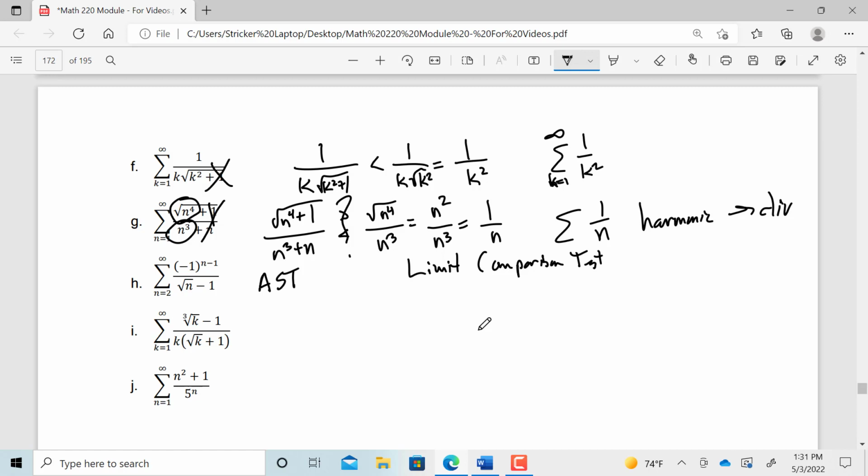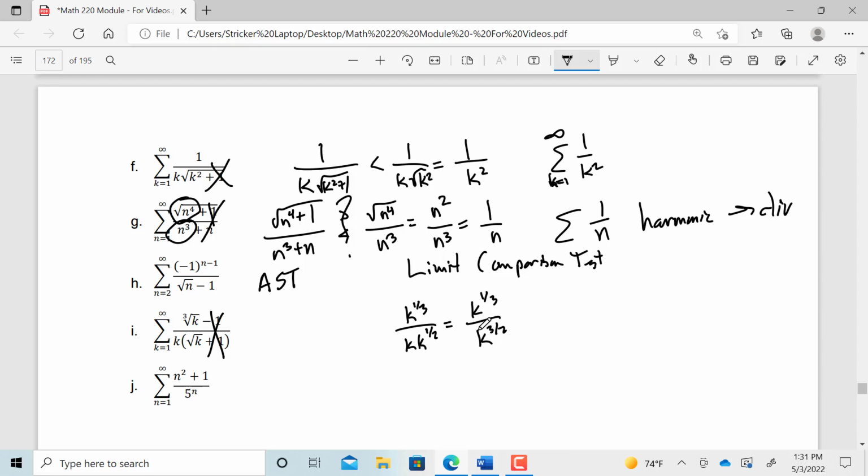Continuing to move on. Don't have alternating here, but if you start to strip away the stuff that's less important, this is going to look like k to the 1/3 on the top over k times k to the 1/2, which is k to the 1/3 times k to the 3/2.